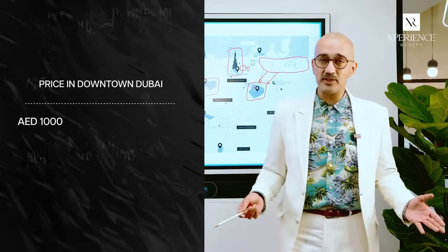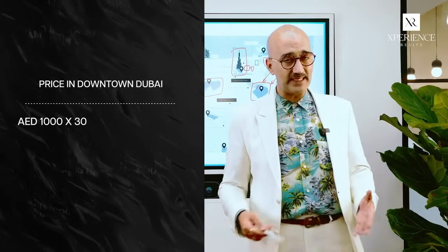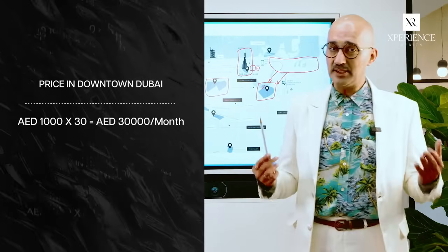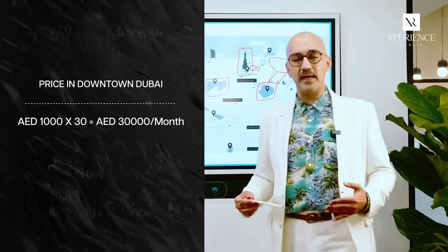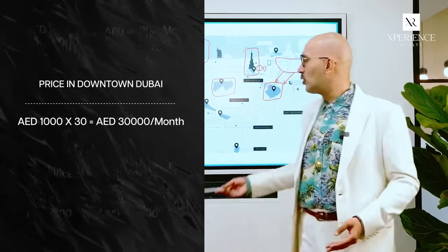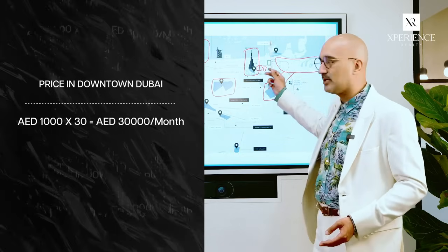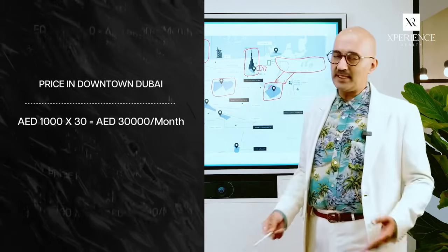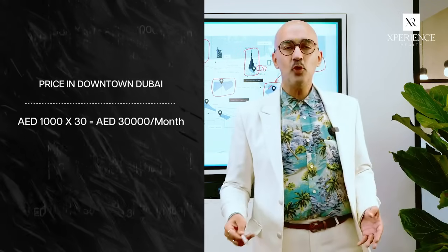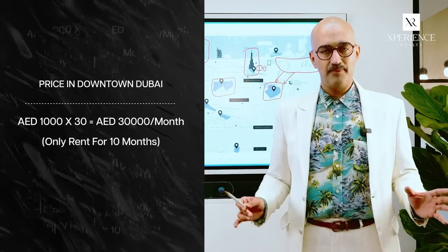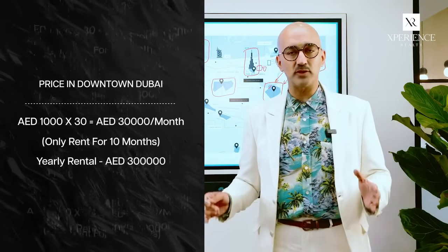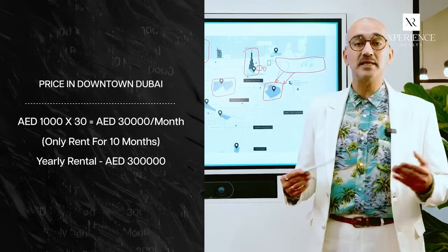So 1,000 dirhams a night times 30 days in the month is 30,000 dirhams a month. And I would again be very conservative. Although you have 110 million visitors, you have DIFC, you have World Trade Center, you have Burj Khalifa, the entire spiel, again, you will only rent for 10 months. That means 300,000 dirhams as a yearly rental.